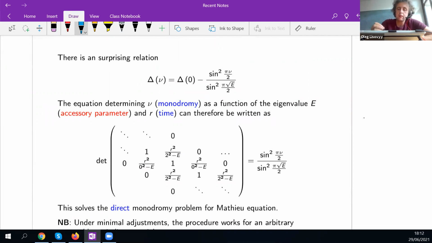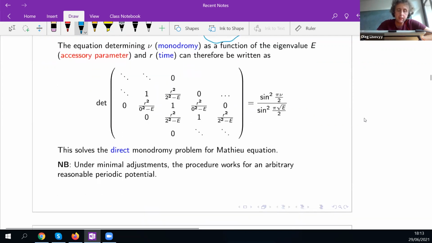One thing that helps in this task is the following remarkable formula. This is something very classical in Whittaker-Watson. The Hill determinant evaluated for an arbitrary monodromy exponent nu is equal to the same determinant at exponent 0 plus a term which contains the whole dependence on monodromy.